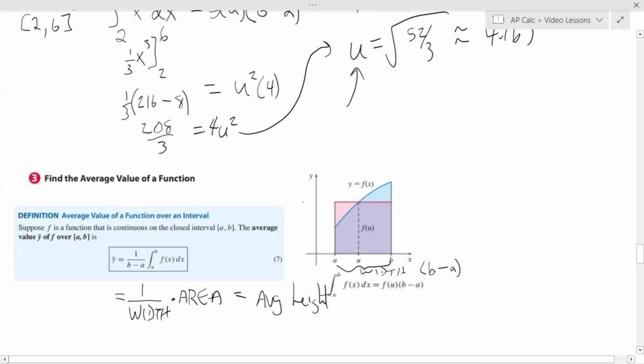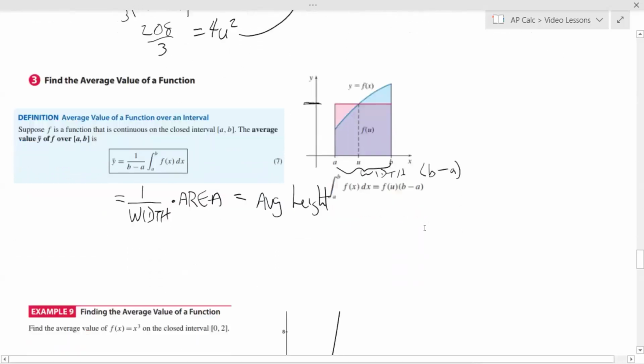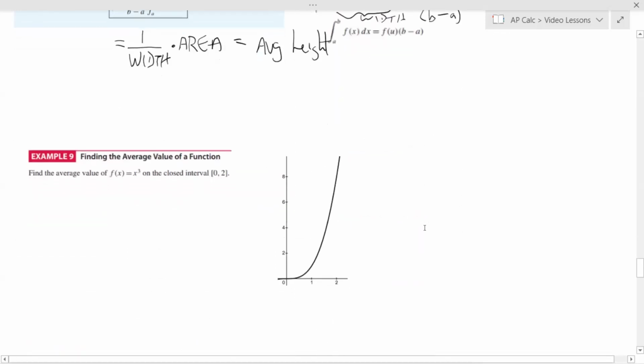Another way to understand that is that the average height is what you get if you compressed that region down into a rectangle of the same width; that's the height you would get for that rectangle. All right, so let's look at an example to put some teeth into this.